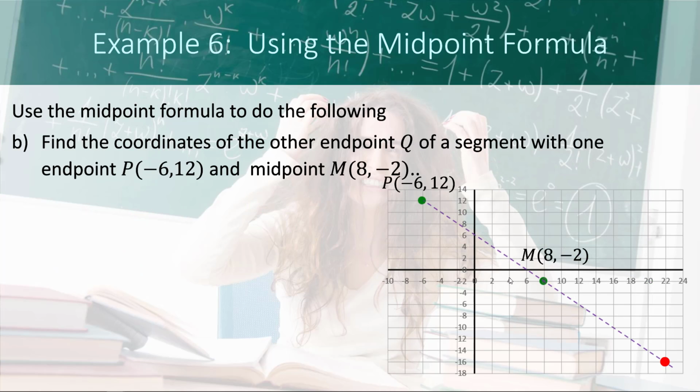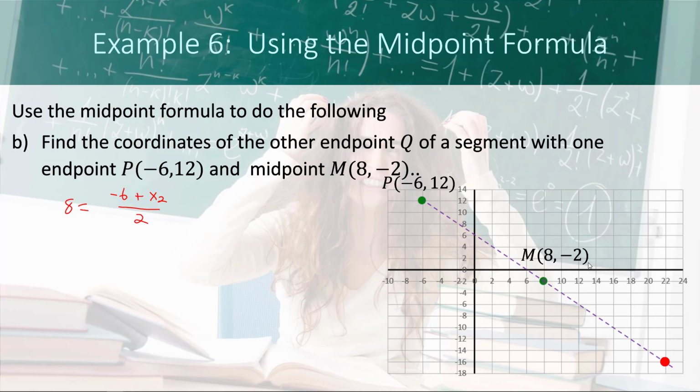Now, one of the things that we're going to see is we're going to be given a midpoint and one endpoint, and we need to find the other endpoint. Now, is that insurmountable? Well, of course not, because remember the x coordinate of the midpoint, which is 8, is found by computing the average of the two endpoints, which is going to be -6 plus x2, since we don't know what that is, divided by 2.